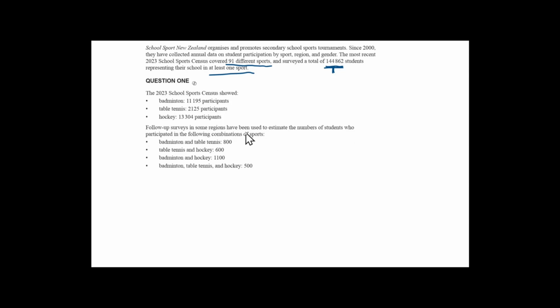Follow-up surveys in some regions had an estimate of who played a combination of sports: badminton and table tennis and hockey. Oh, okay, so it's all three. So they pretty much imply that they want you to use a Venn diagram.